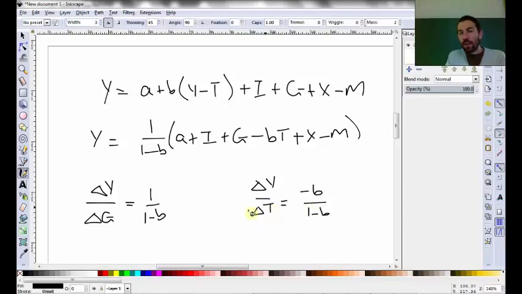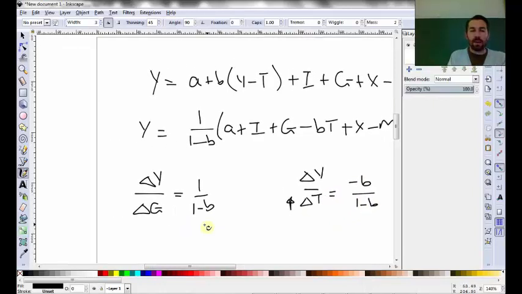So if I increase taxes, what's going to happen to y? Well, wait, let's first take one step back. If I increase government spending, what is going to happen to y? Is my output going to go up or go down?